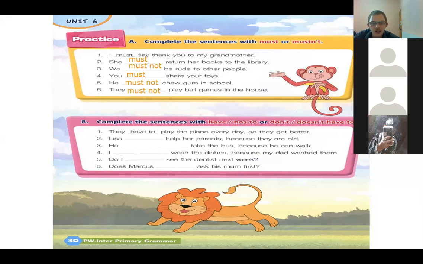Lisa has to help her parents. Have to help her parents or has to help her parents? Which one? I think it has to. Lisa has to help her parents because they are old.